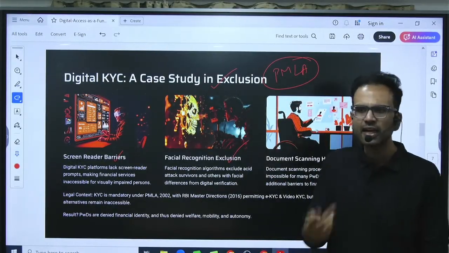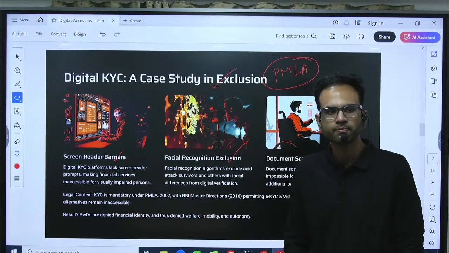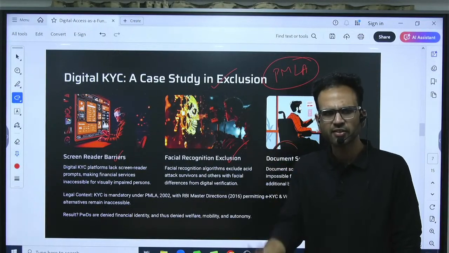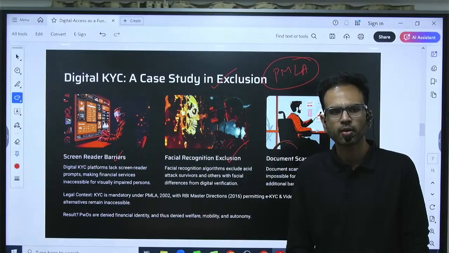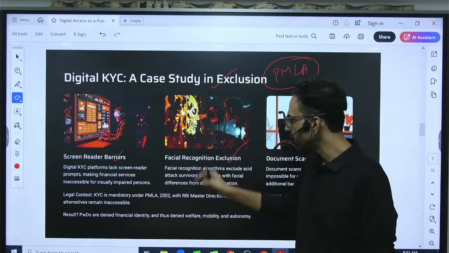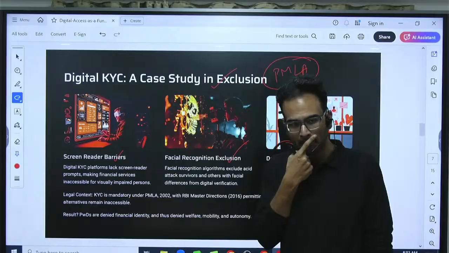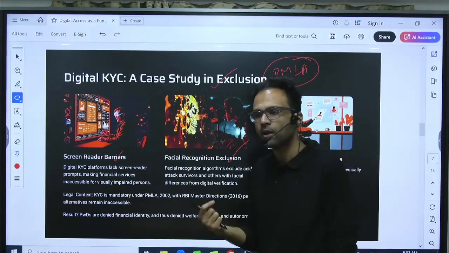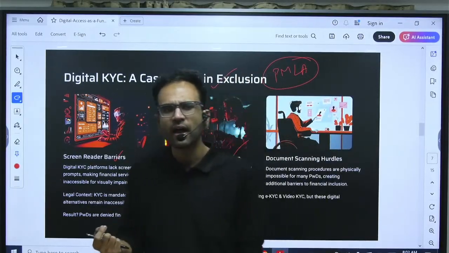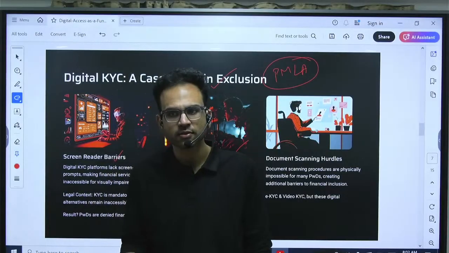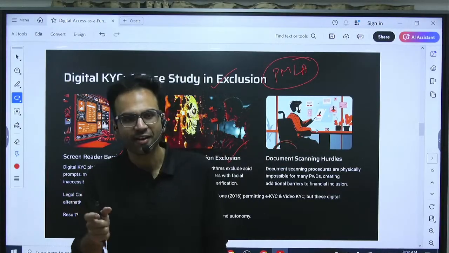If iris scan is not working properly, or for any reason biometric is not working properly, that is the second problem. Let's say, unfortunately, this is a case: acid attack victims.